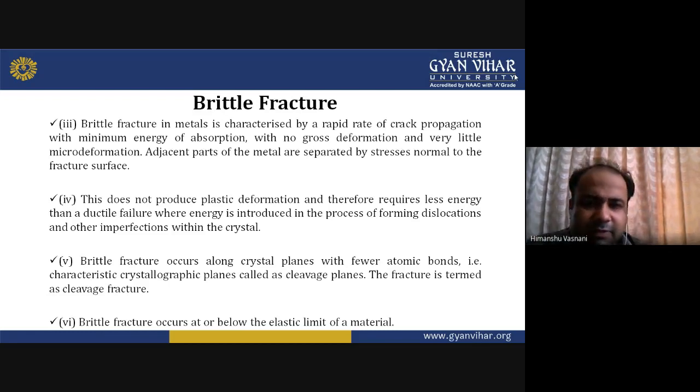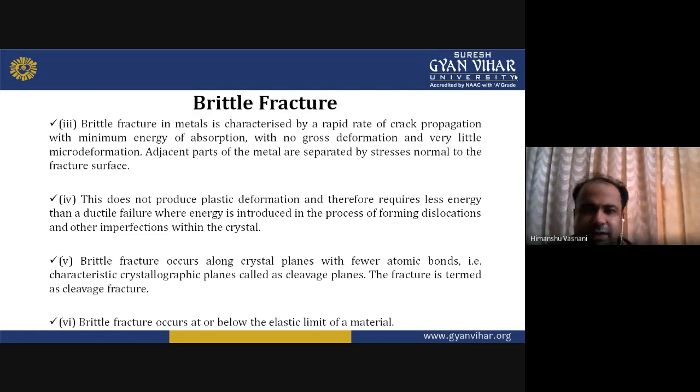The adjacent parts of the metal in brittle fracture are separated by just normal stresses to the fracture surface. Brittle fracture does not produce plastic deformation and therefore requires less energy than ductile failure, where energy is expended in forming dislocations and other imperfections within the system.